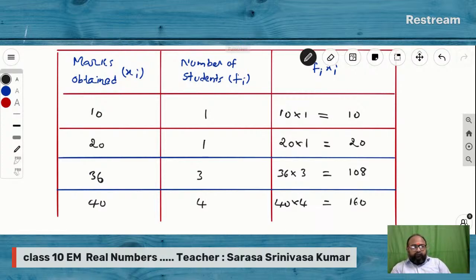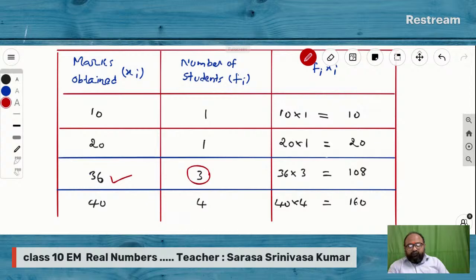So 10 marks are obtained by one student. So 10 multiplied by 1 equal to 10. Next 20 marks are obtained by one student. So we got 20 multiplied by 1 equal to 20. And next 36 marks are obtained by 3 students.